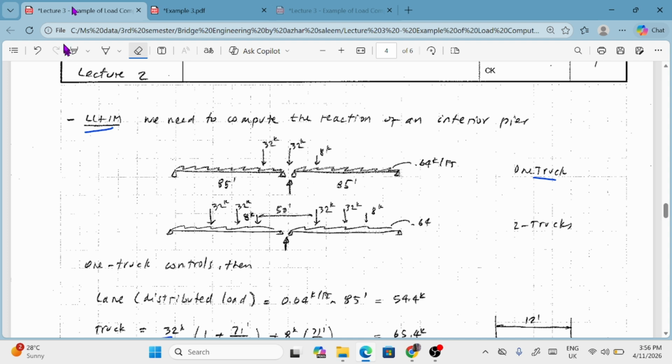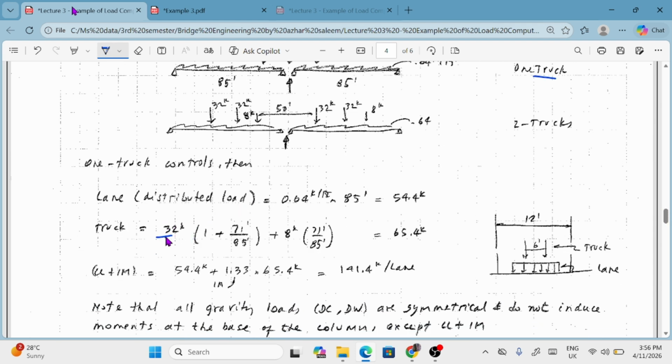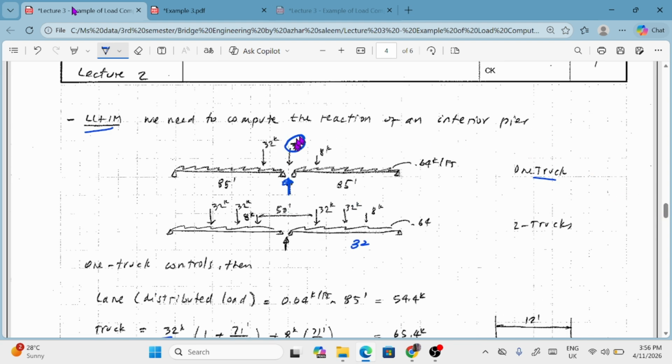So I have calculated this load here. You can calculate it like this: 32 kip is exactly on the pier, multiplied by 85, divided by the tributary length 85, plus this load.